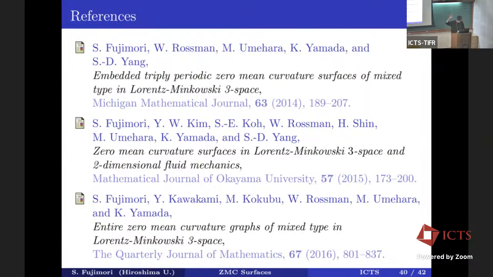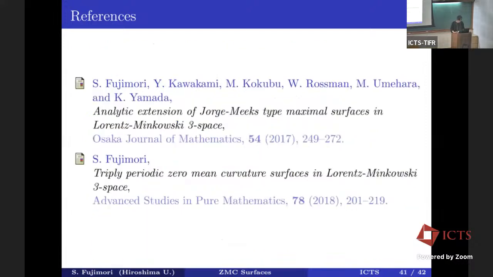And the third one is the entire graph Kobayashi surface we considered. And the fourth one, we focus on the Gergonne-type surface, the embeddedness of the Gergonne surface. And the fifth one, we consider the Schwarz H-type zero mean curvature surface and consider the limit. As a limit, we have the Scherk surface, and then as a further limit, we have the Gergonne-type surface.